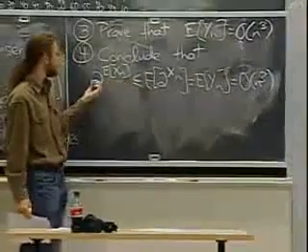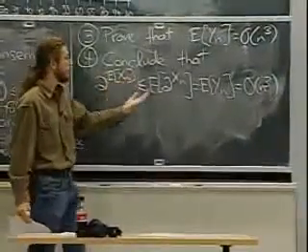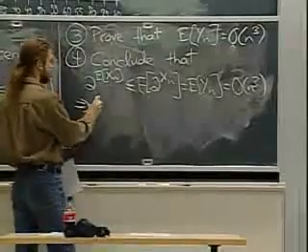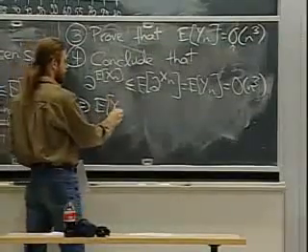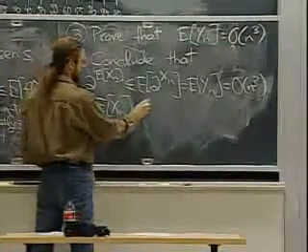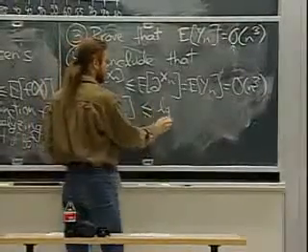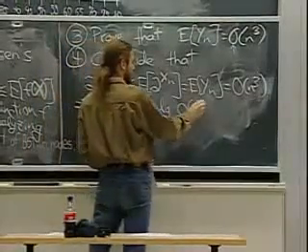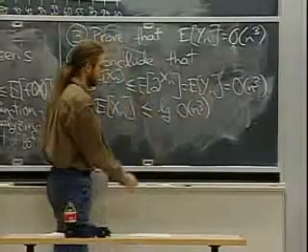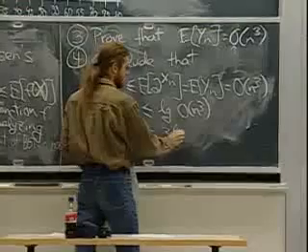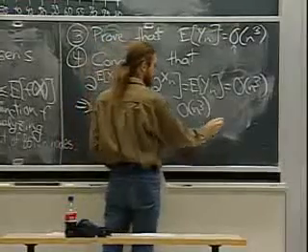So now we have a bound. 2 to the E of X_n is at most n cubed. So if we take the log of both sides, we get E of X_n is at most the log of n cubed. I'll write it in this funny way, log of order n cubed, which will actually tell us the constant. This is 3 log n plus order 1.